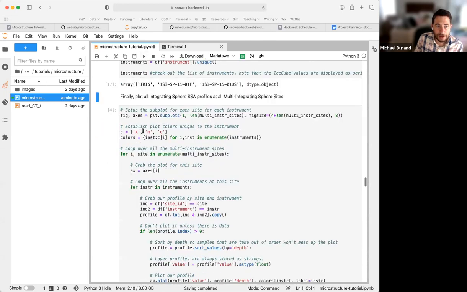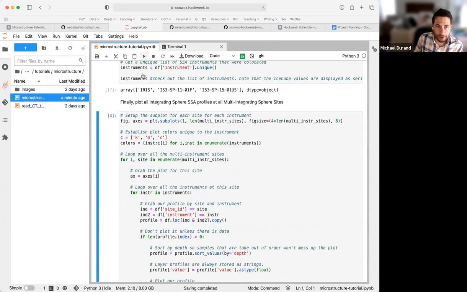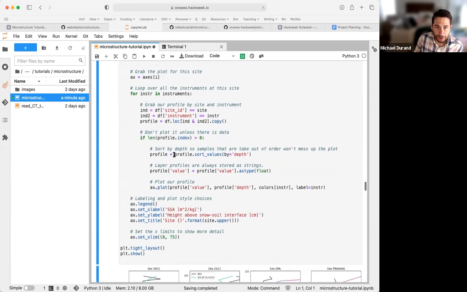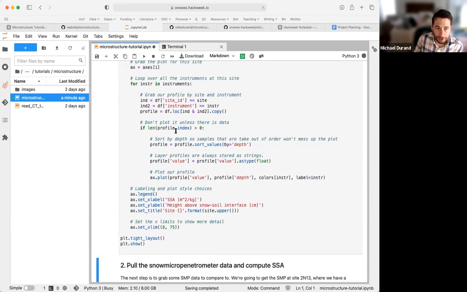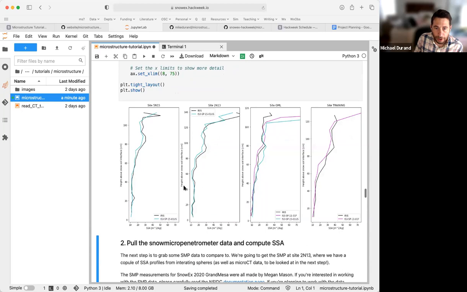All right, and then finally, this is just a typical thing to plot the data. The font size is a little small, sorry about that. So we see 4 different plots here. Each one's a different site, and the 3 different lines are always the same.